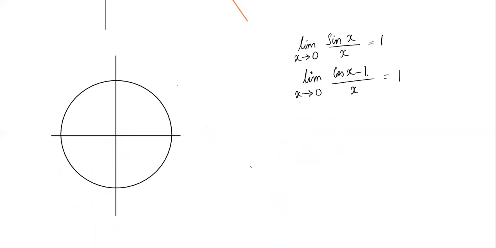Okay. So I'm going to show you the proof for sine x over x here. Because it's trig, we try to construct a triangle inside the circle. Let's assume this is a unit circle. So if I construct a triangle with an angle theta, this angle, or rather the radian, is theta.